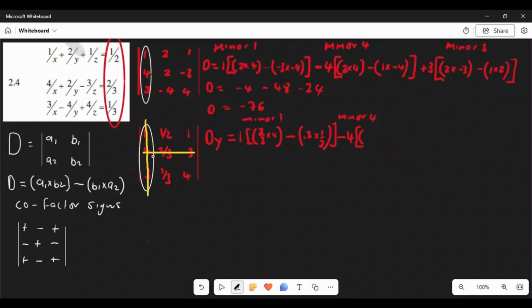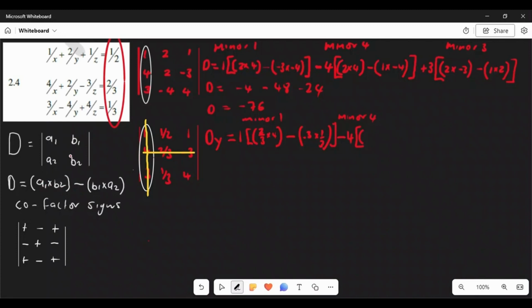Now since we are having this, we know that a1 is half, b1 is 1, a2 is 1 over 3, b2 is 4. So it's time for us to calculate the determinant here.